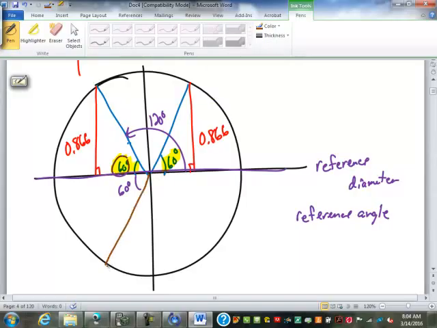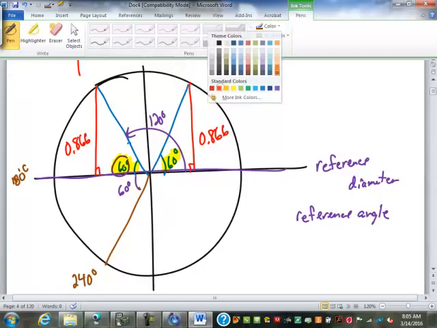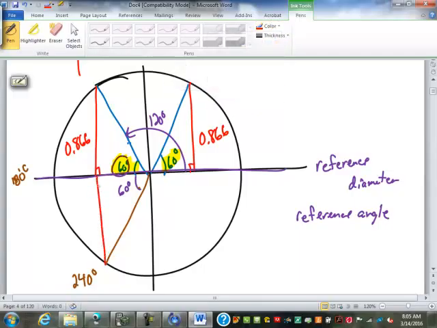What's that going to be at? Well, this is 180, right? Plus 60 is going to be 240 degrees. But it has a reference angle of 60 degrees. Its sine is related. This is going to be how much? It's 0.866, but it's negative. It's negative 0.866. This is below the axis.